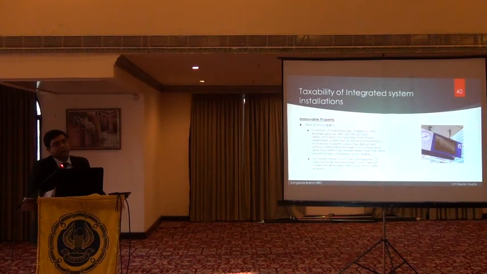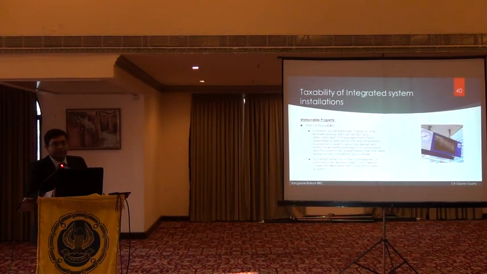When we see the test of movability, can you move that object from its location? Can it function in a similar manner by merely moving? Sir, that system, if you are budging one camera from one location to another, the system will not work. That system requires that camera to be there.